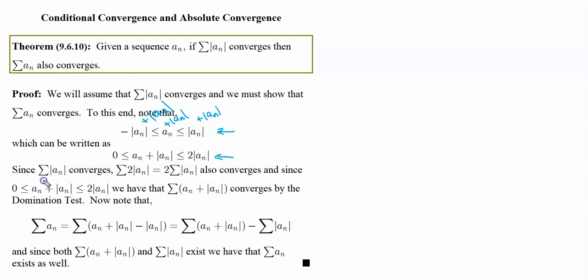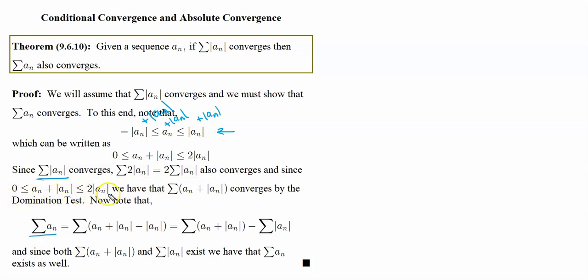Now, since we're assuming that this series converges, then this series, we can write as 2 times, we can just pull the 2 out like that, will also converge, right? We're just multiplying each of these terms by a 2. We can move the 2 out in front of the summation, so certainly this will be a convergent series.